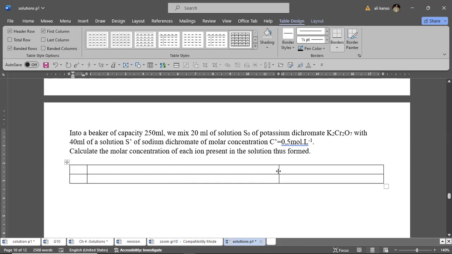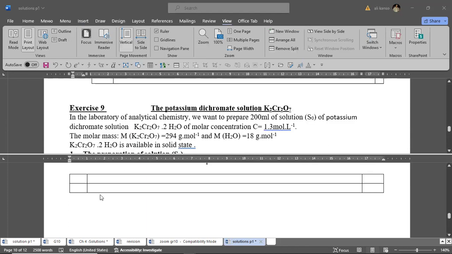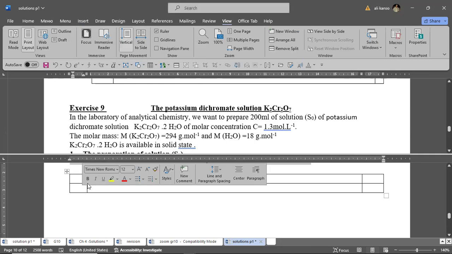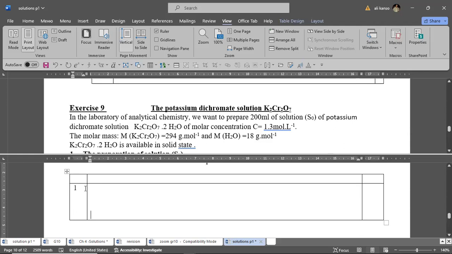Number one, what we are given. We are given the concentration, we are given the volume.